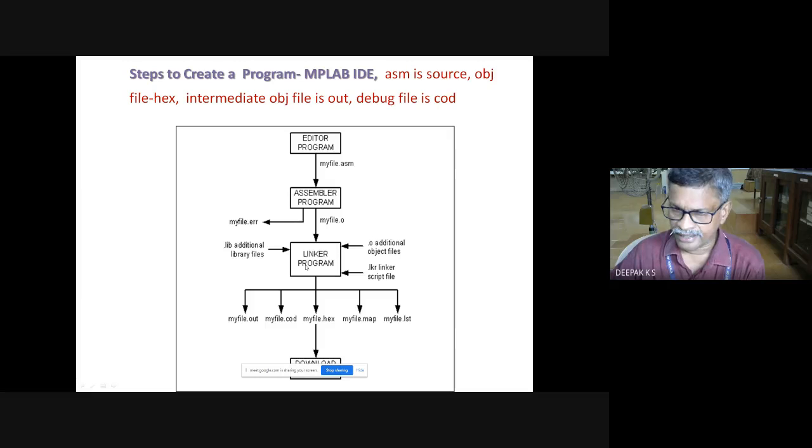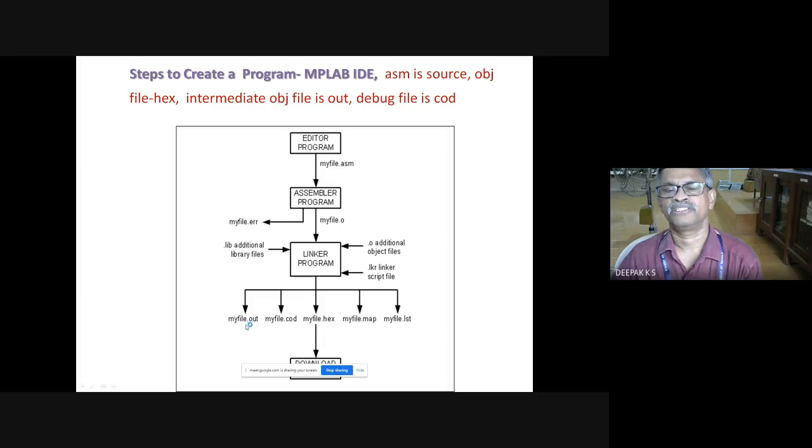And here there would be additional library files, maybe many library files corresponding to that specific PIC18 family chip. So that is linked, and then finally you create this object file, the out file.